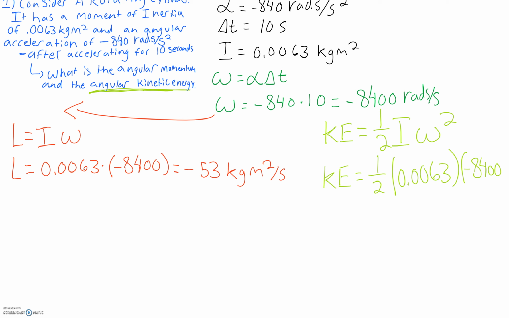Actually, it's just that squared, so we put it on the inside. Right, actually, no. Never mind. Minor mishap, my bad. So now, when we find that, it comes out to be 2.2 times 10 to the 5th joules.